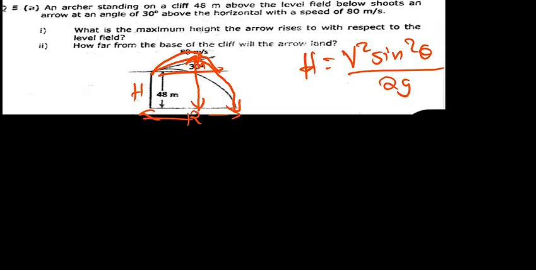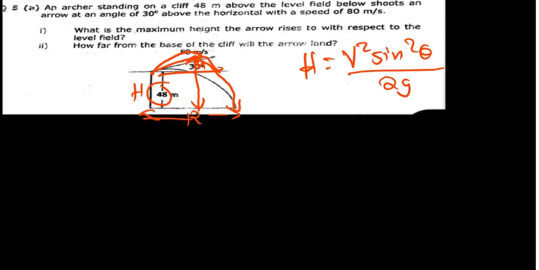So you use this formula, v squared sine squared theta divided by what? Divided by 2g. Once you get this h, add it to 48. That is going to be the maximum height.